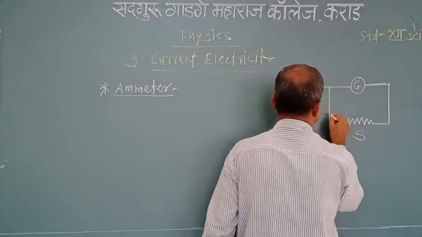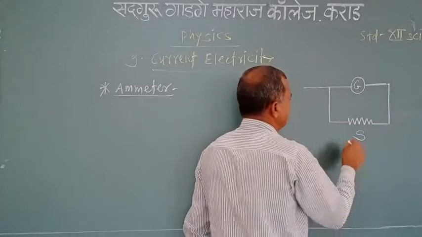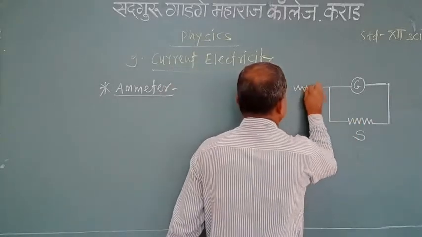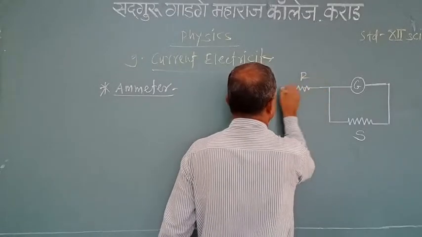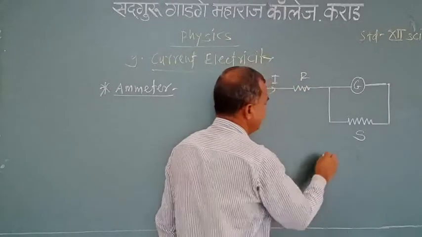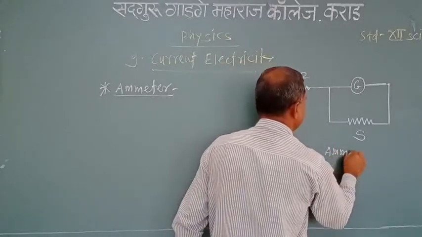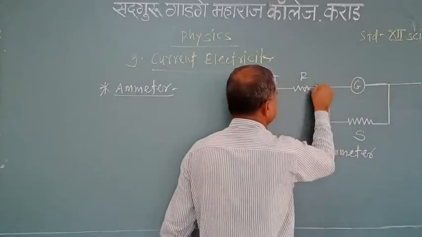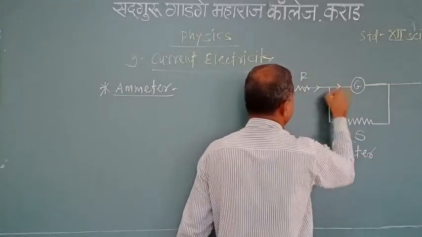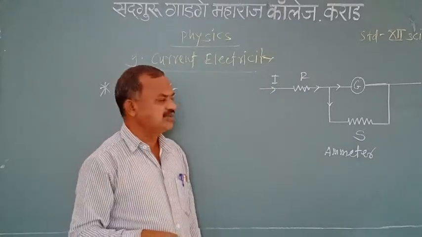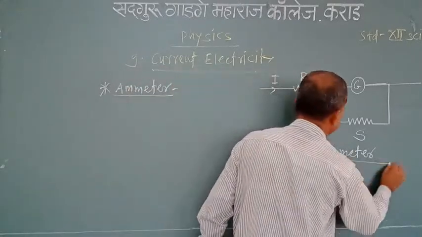This is S, called as shunt resistance. Here, this is resistance R, and this is I, the current to be measured with the help of ammeter, like this. This is circuit diagram to convert moving coil galvanometer into an ammeter for the measurement of current.